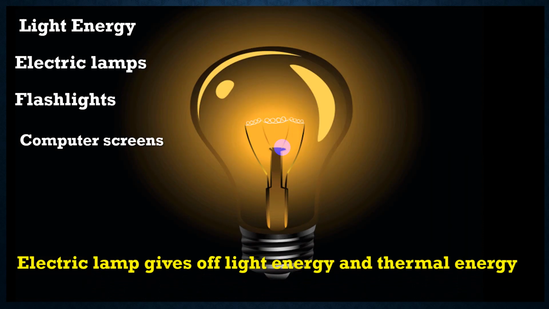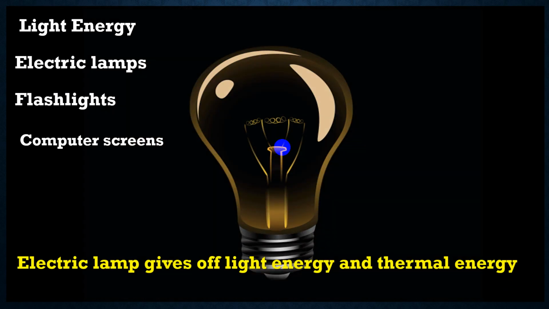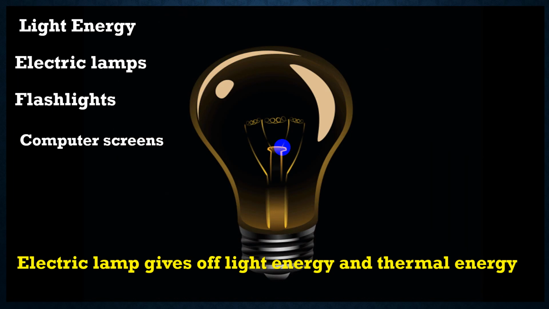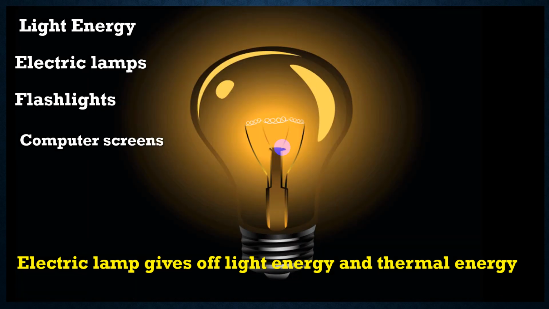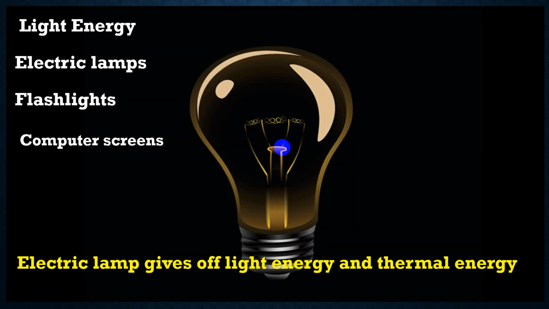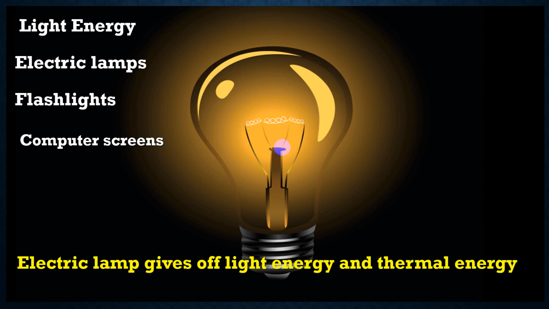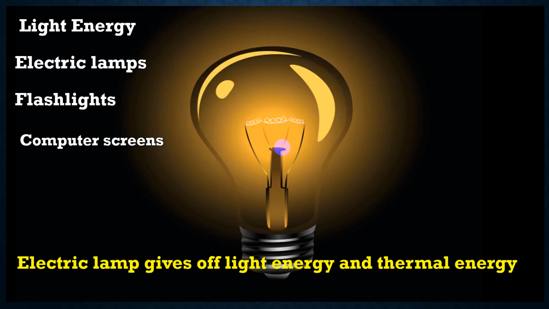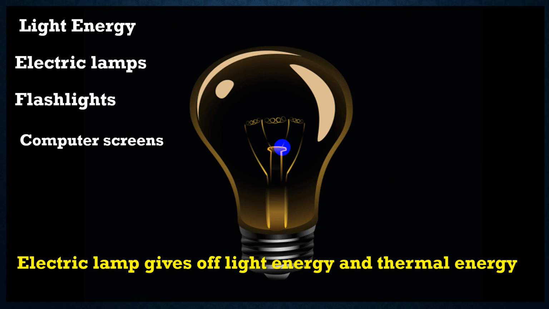They can be considered as light energy and thermal energy because if you touch it, you can feel some warmth, a raised temperature, heat, and this is called thermal energy.